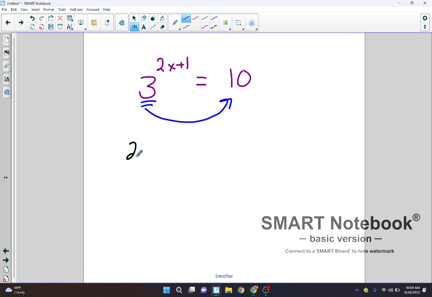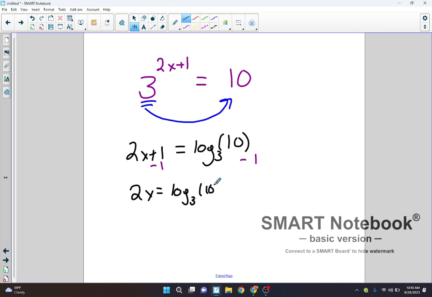So this is going to be 2x plus 1 equals log with a base 3 of 10. I'll put parentheses to indicate that's inside. Minus 1 on both sides. 2x equals log base 3 of 10 minus 1, then divided by 2 on both sides.